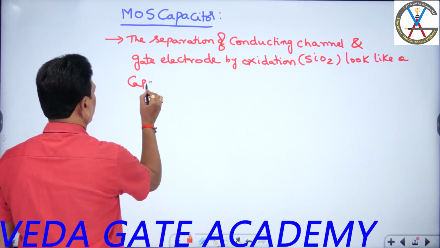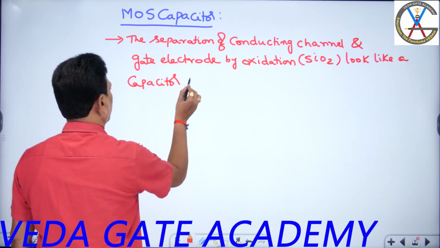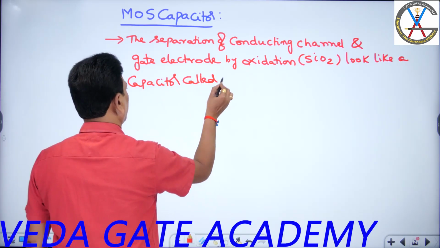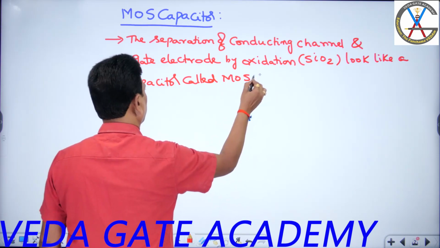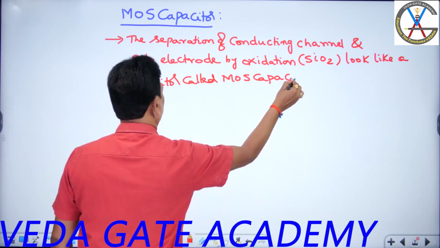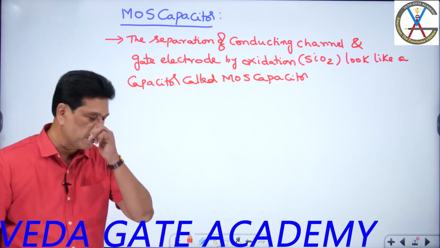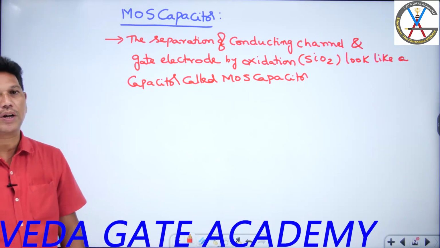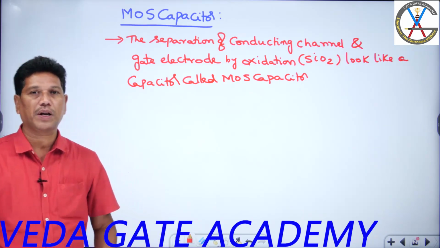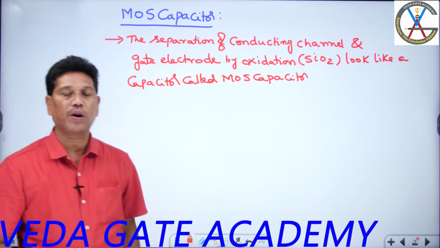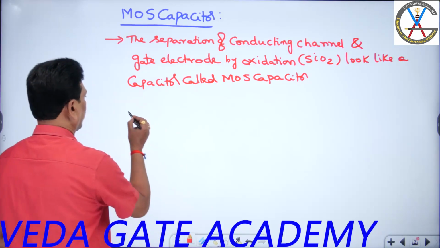Confirm. It is called a MOS capacitor, students. It looks like a capacitor called what, sir? MOS capacitor. And this body capacitance can change with the applied gate voltage. Based on that, the MOSFET can also be called a voltage controlled or voltage variable capacitor. Confirm my option.